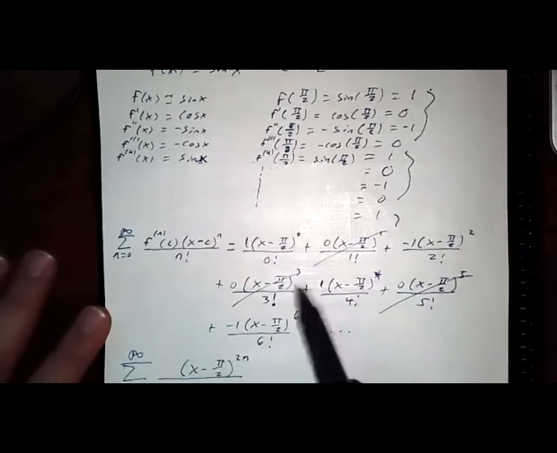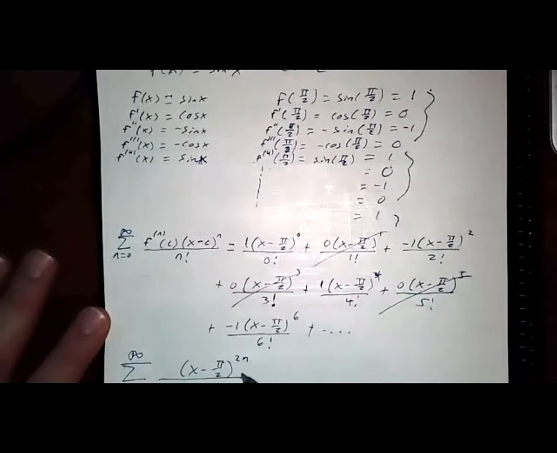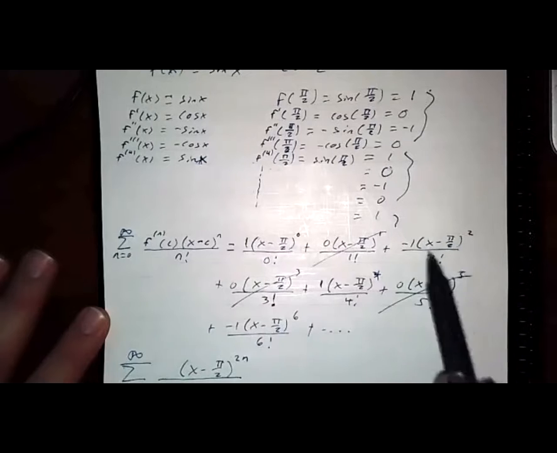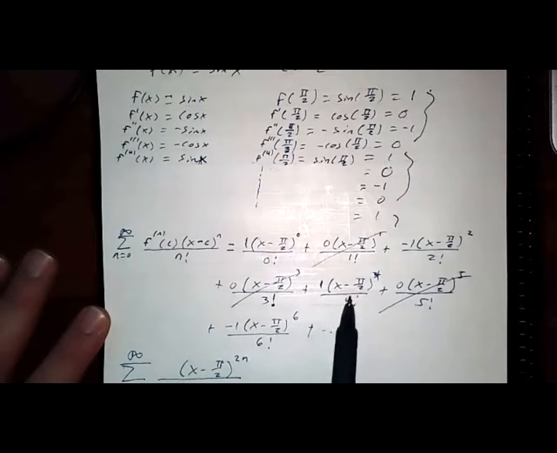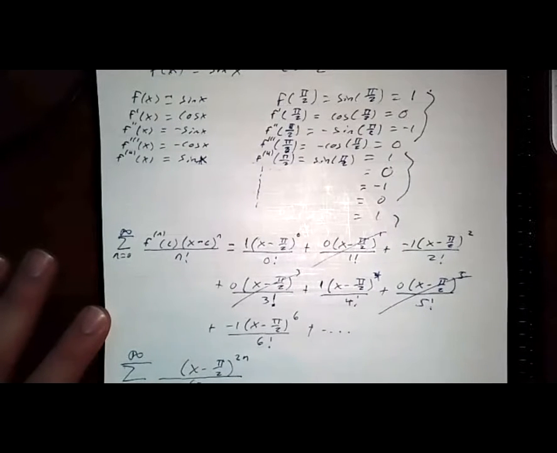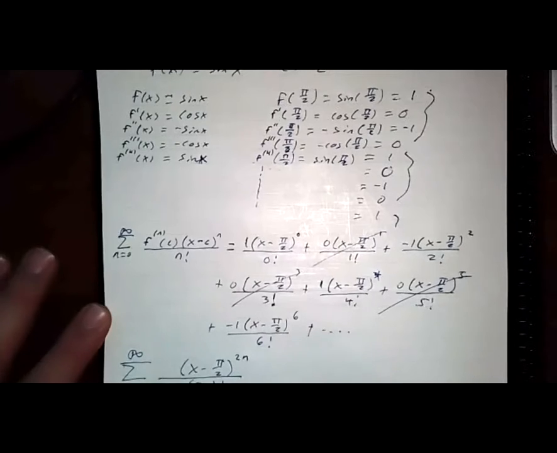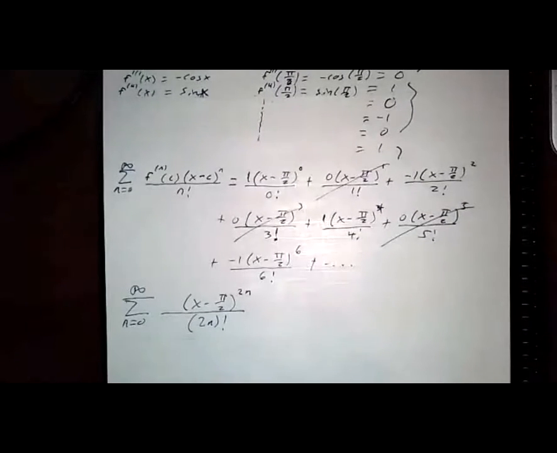So at 0, it's 0. At 1, I get 2. So that stays. Notice that. And on the bottom, I only wanted to keep 0, 2, 4, 6. So on the bottom, I need to have only even numbers, so 2n. So no matter what n I choose, it will be even.